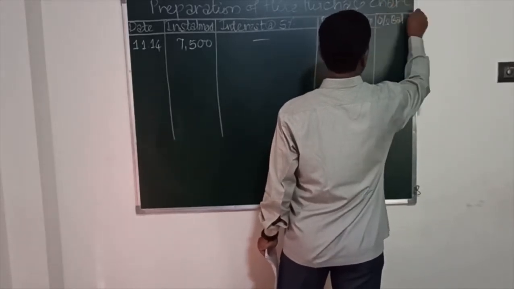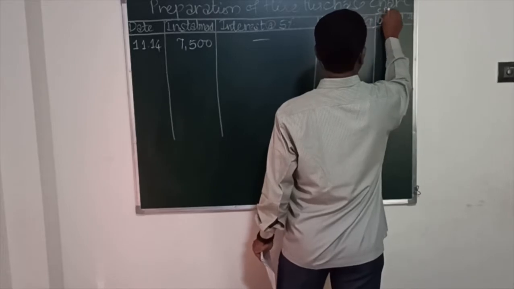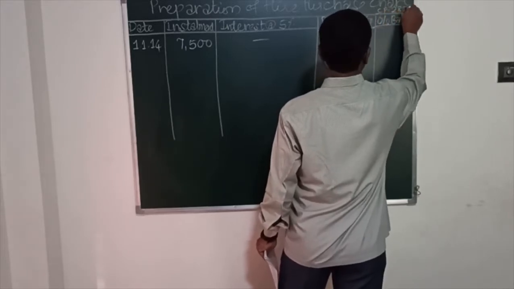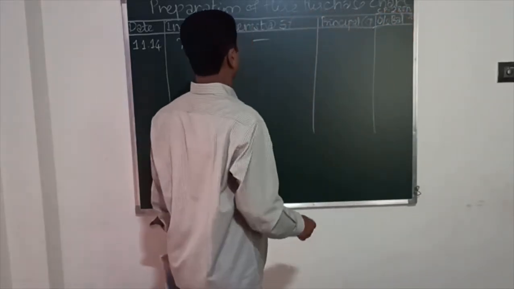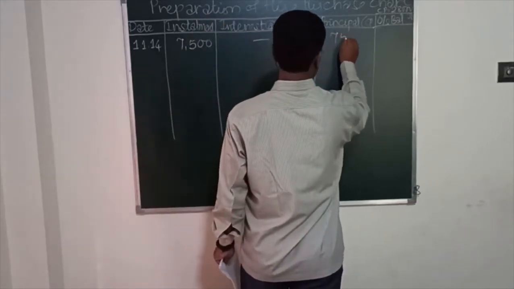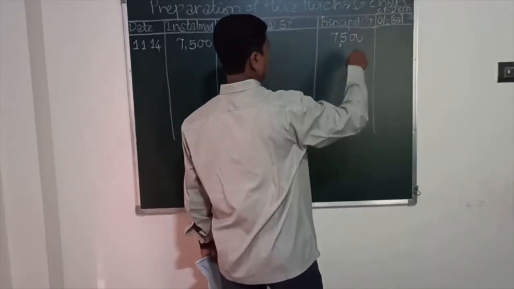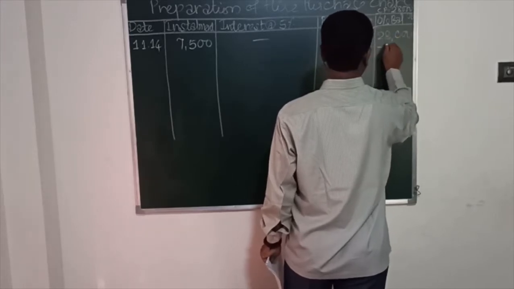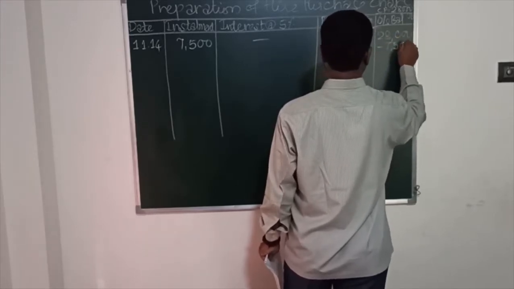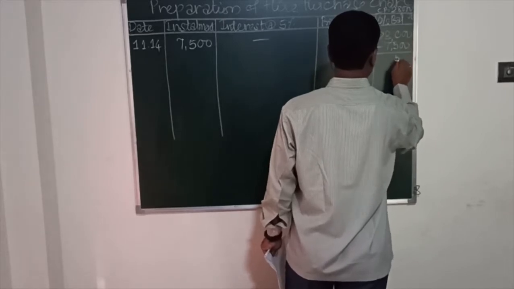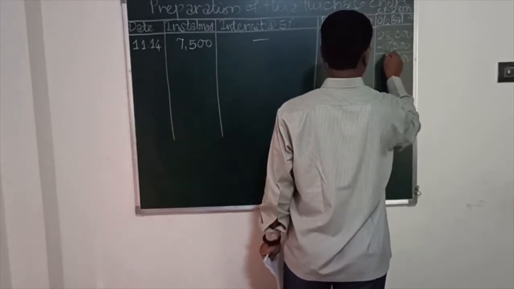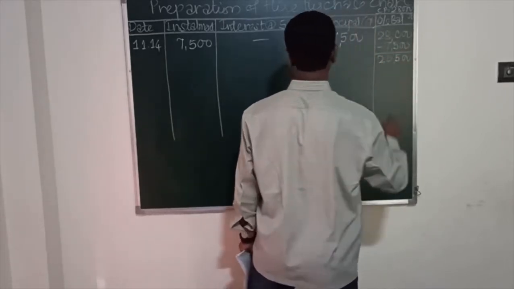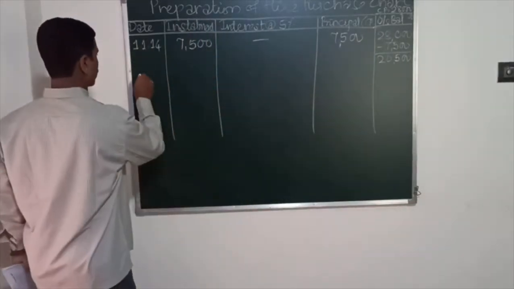So CP here is 28,000. So 7,500. So the total cash price as given in the problem is 28,000. So now he has paid 7,500. So the outstanding balance will be 20,500 here.